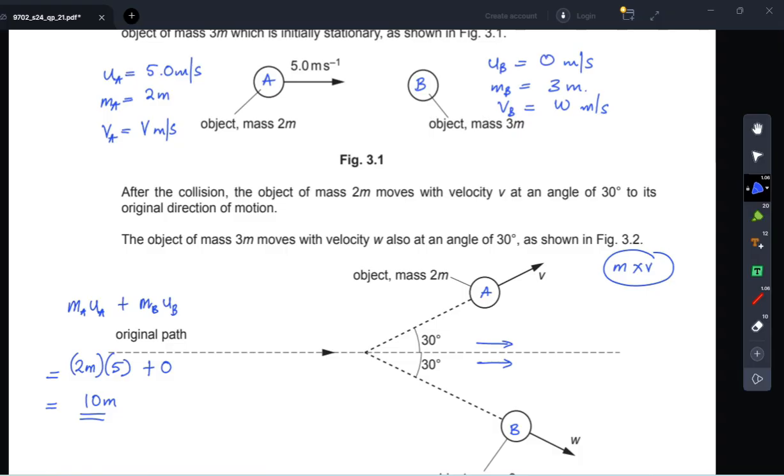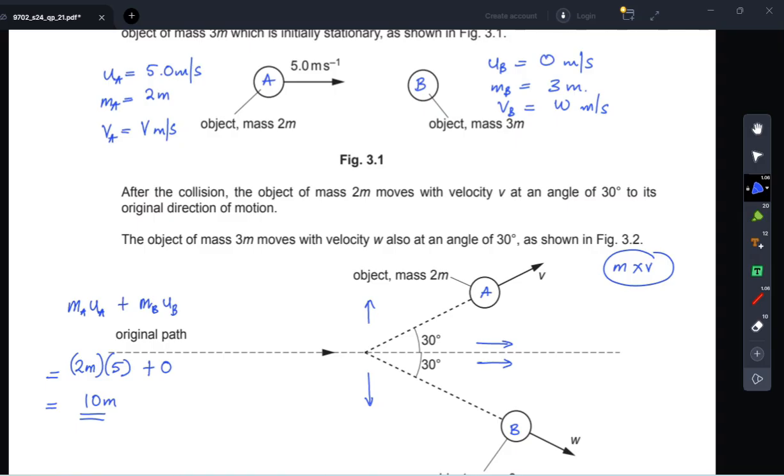But at this point we are going to apply some resolution. The velocity component is being resolved at a 30-degree angle for both of them. We also have a vertical component and then another vertical component downwards, of course.